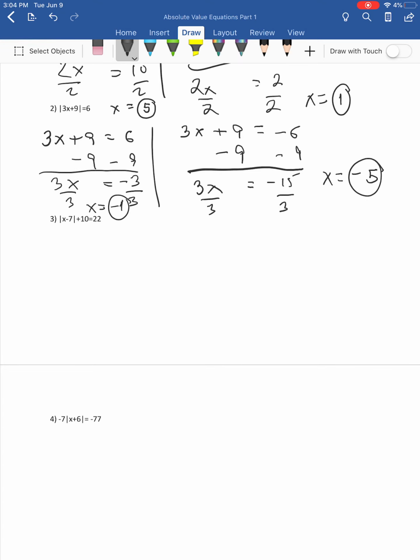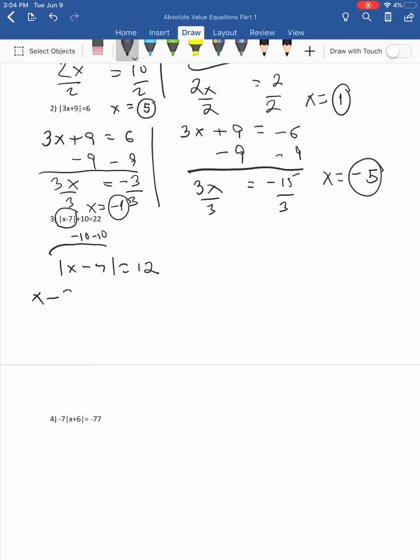Number 3, you should notice that the bars are not isolated. If I circle the bars, they're not alone on the left side of the equation. We need to get rid of that 10 first before we can solve. So I'm going to subtract the 10, giving me absolute value x minus 7 equals 12. Now I'm going to drop the bars and set up two equations, the positive equation and the negative equation.